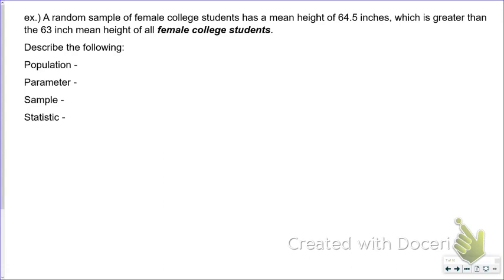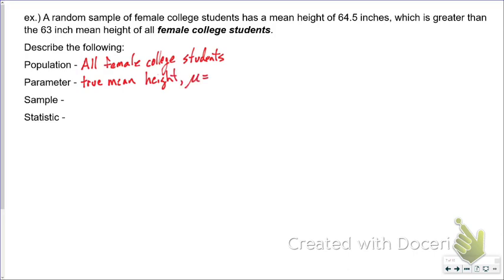So the population of interest is all female college students. And the parameter of interest is the true mean height, which is mu equals 63.